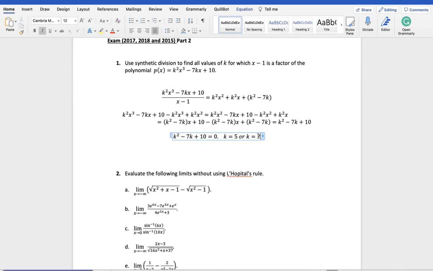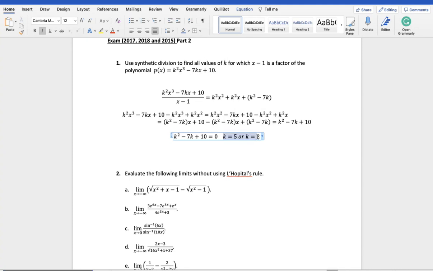Does everyone agree there? Just give me a minute. Now you have the two values of k that make the remainder of the synthetic division equal to 0.